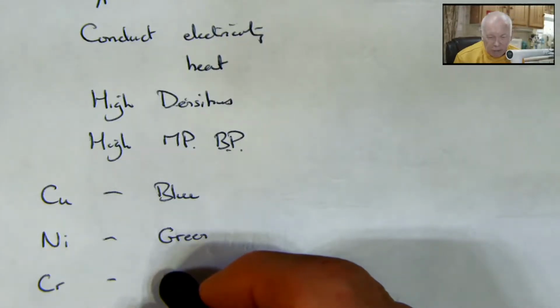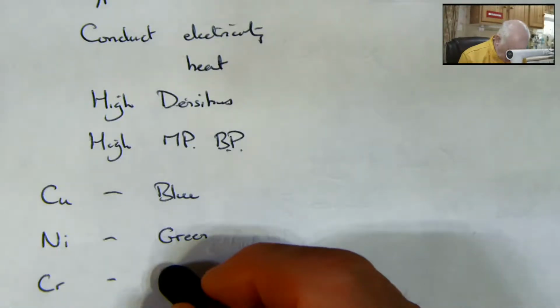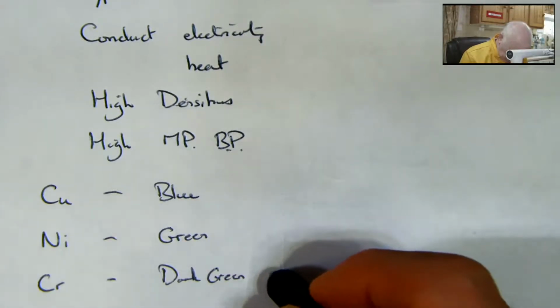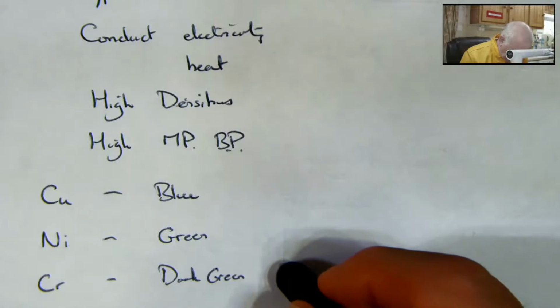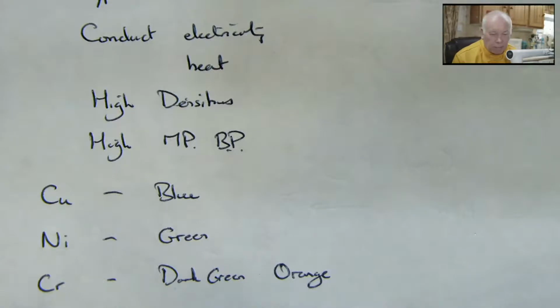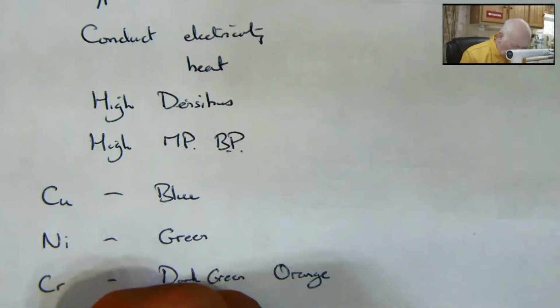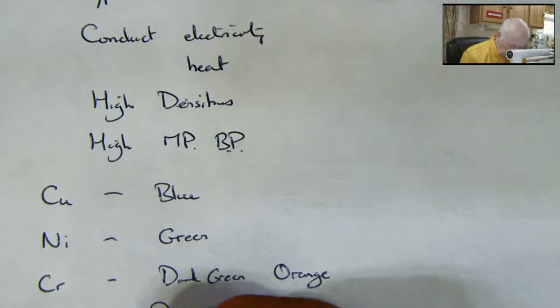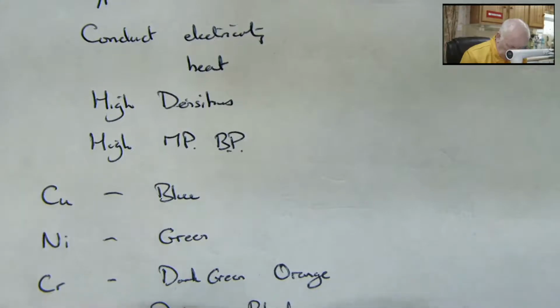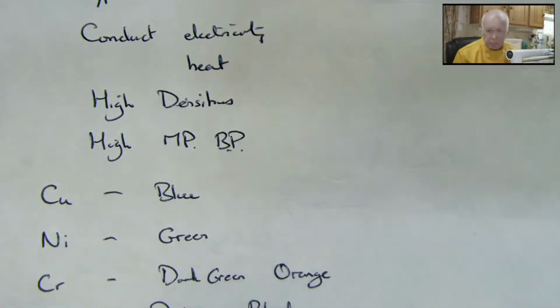These range here from dark green but also potassium dichromate, lovely sort of orange colour. Manganese, we looked at that, that was either pink or black. Iron we saw was yellows, greens, reds.